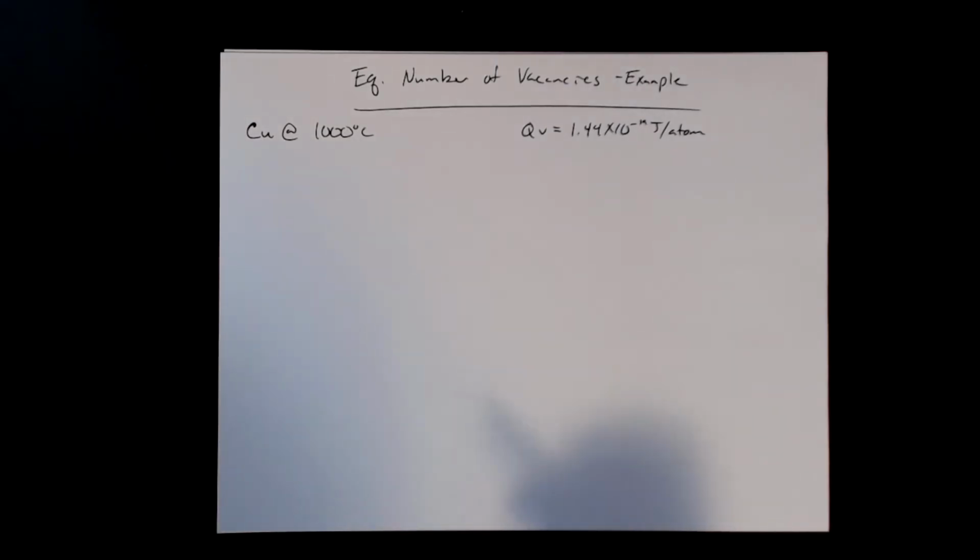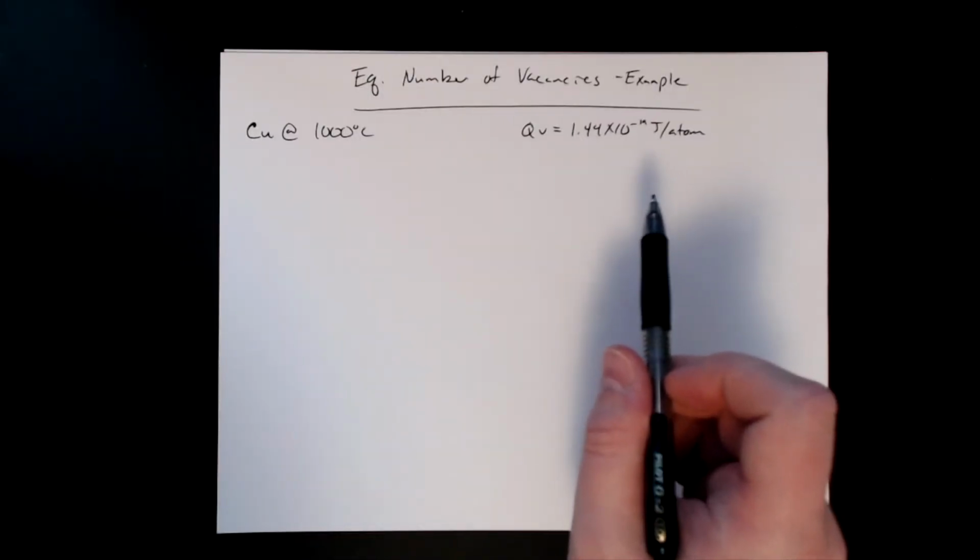All right, so let's go ahead and work the first part. So it was asking us to calculate the equilibrium fraction of vacancies in copper at 1,000 degrees Celsius, given the activation energy in joules per atom.